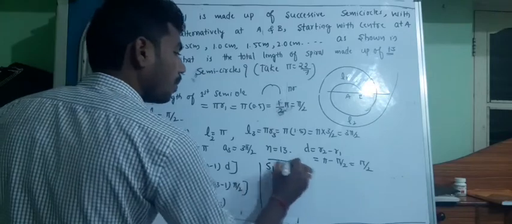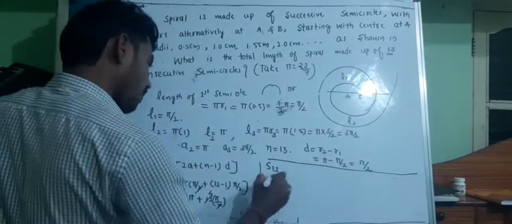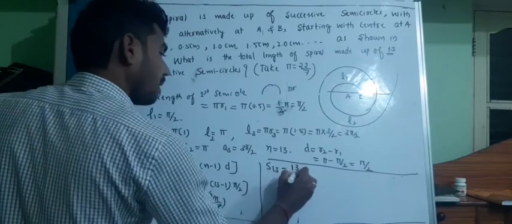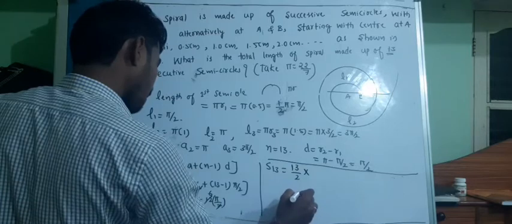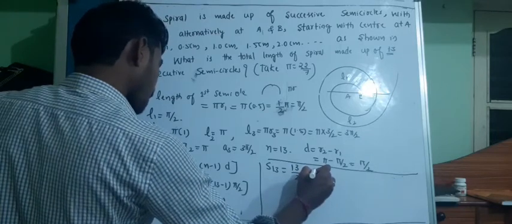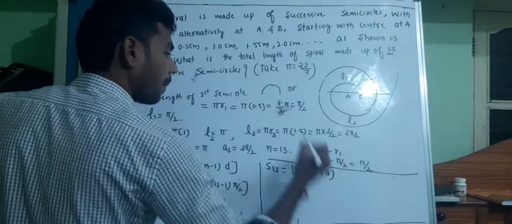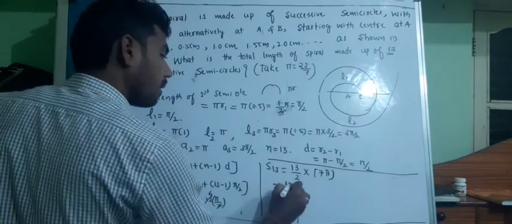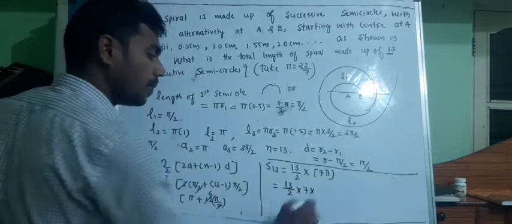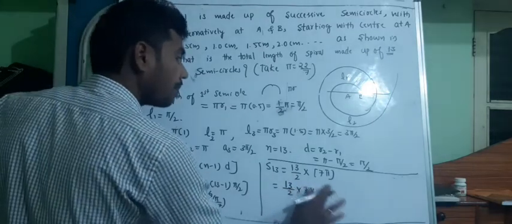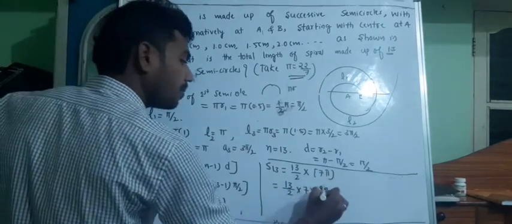Now S13 is equal to 13 divided by 2 into pi plus 6 pi, which is 7 pi. Now 13 divided by 2, 7 into pi, where pi is nothing but 22 divided by 7.